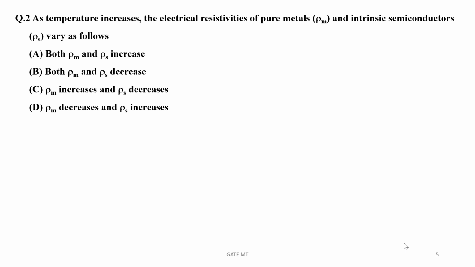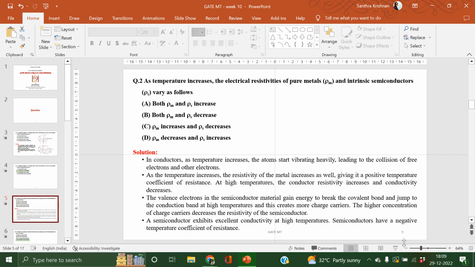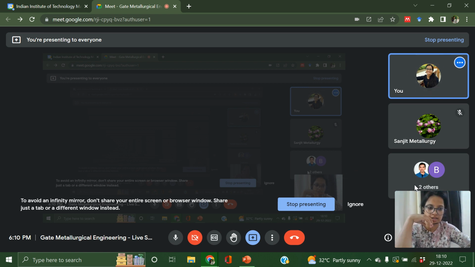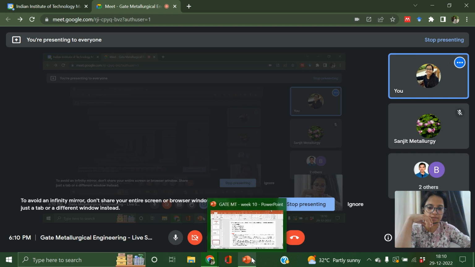Anyone here? What happens to the conductivities or resistivities of metals and semiconductors as temperature increases? Anybody? It's a very simple and direct question, I believe.